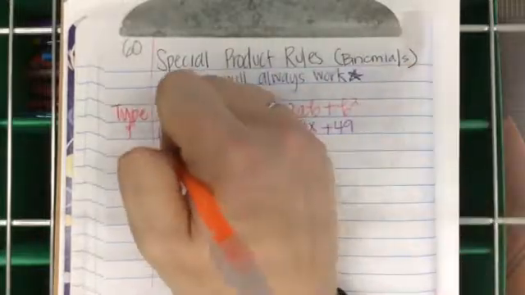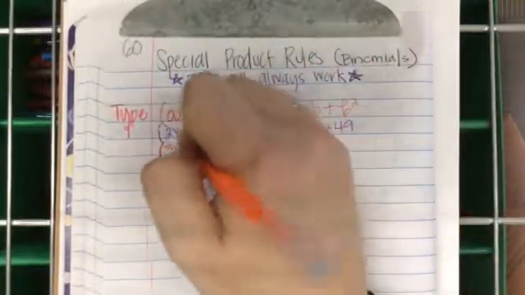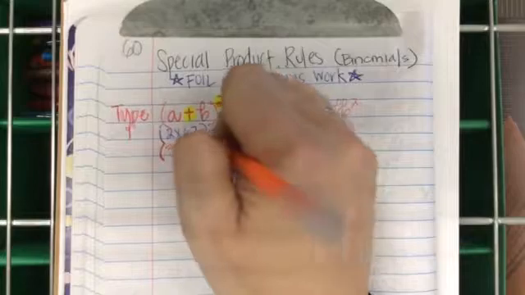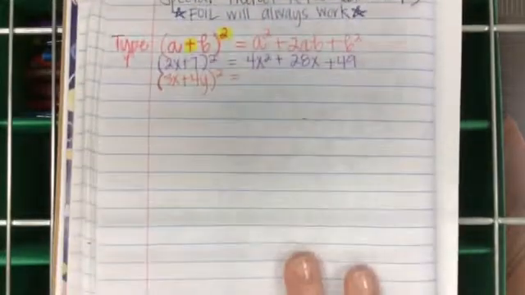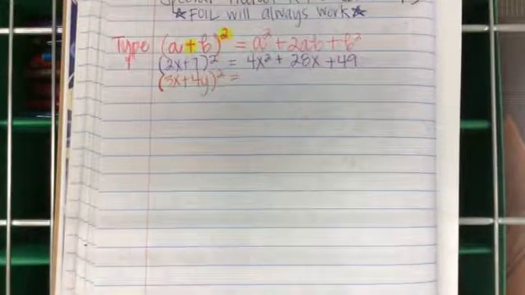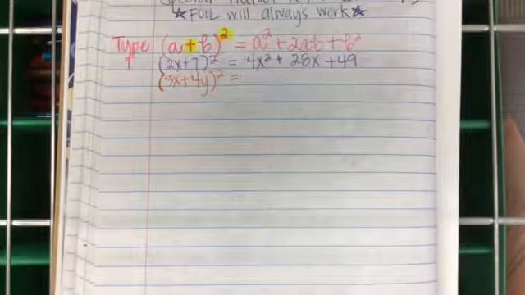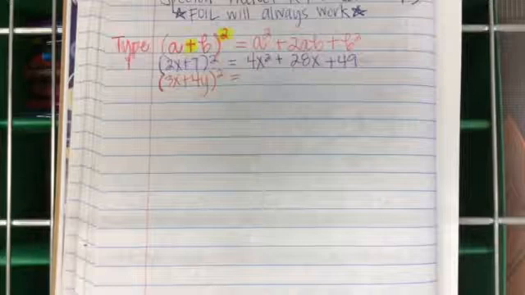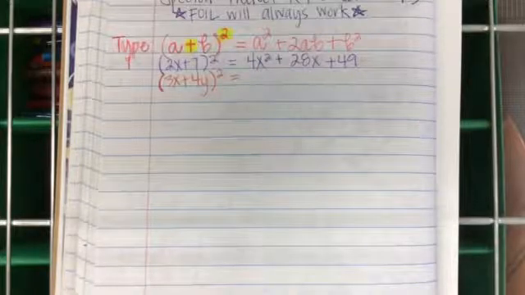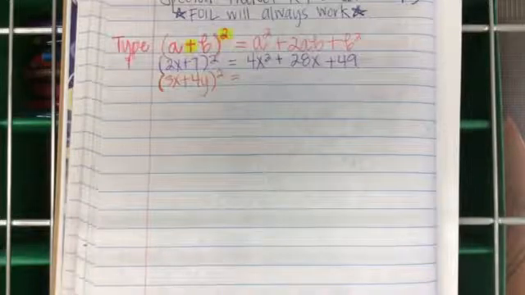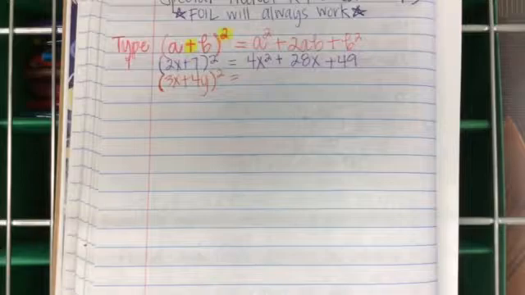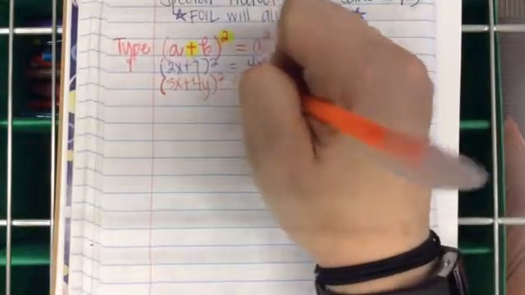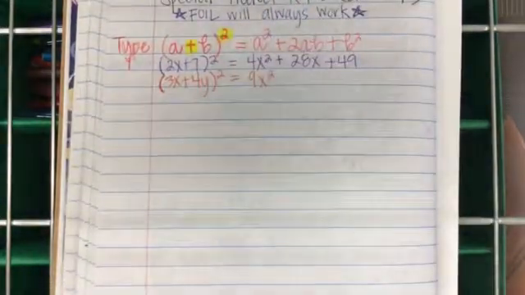Let's try another one. 3x plus 4y squared. Again, this meets the criteria. It's a plus problem, and it's a binomial being squared. So 3x times 3x is 9x squared.